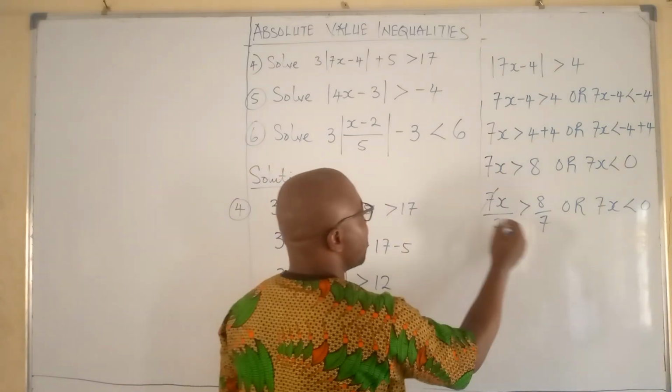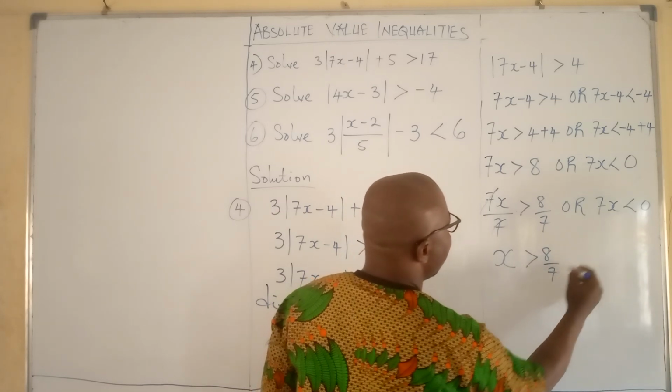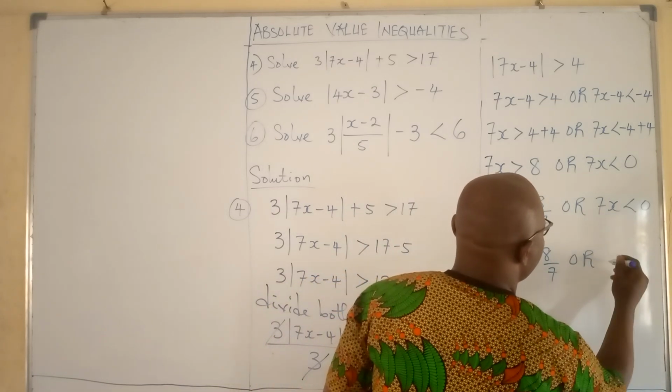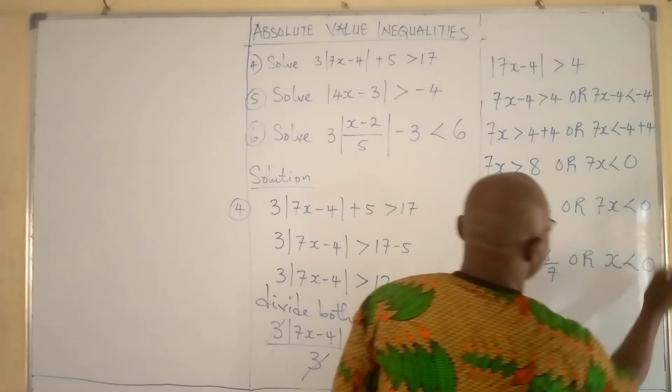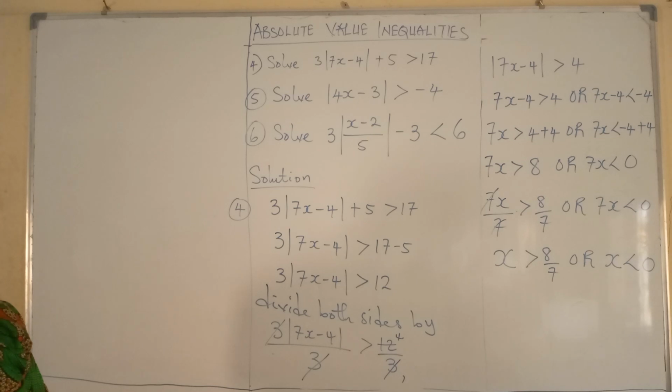So this cancels this, and we have x is greater than 8 over 7, or x is less than 0. So that's the answer to that.